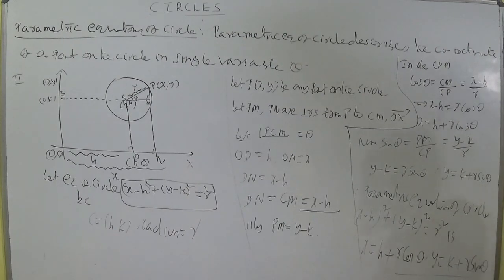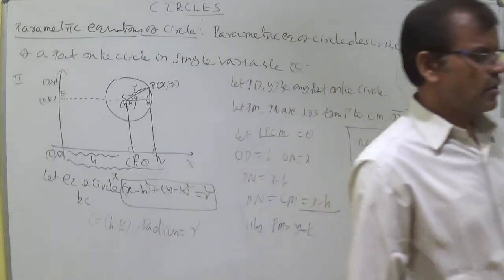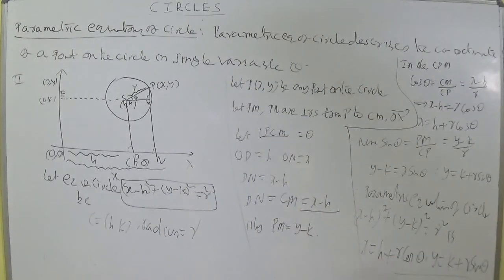These are the parametric points of the given circle.